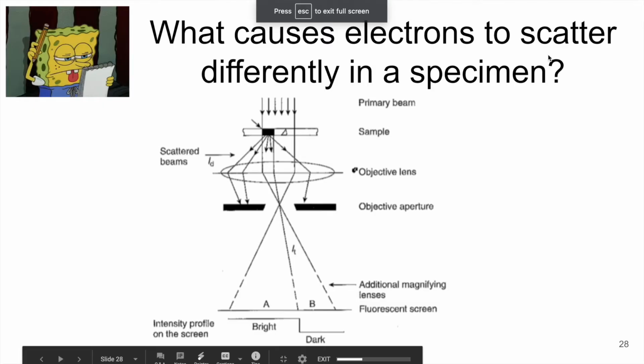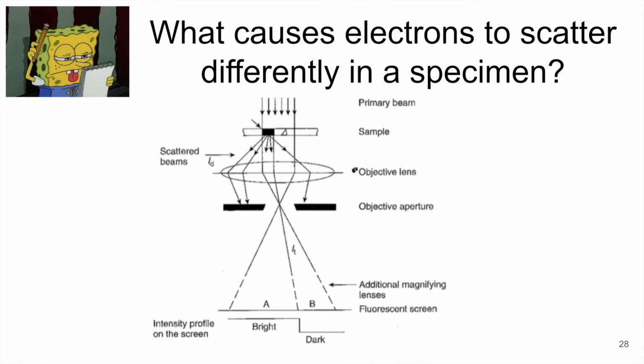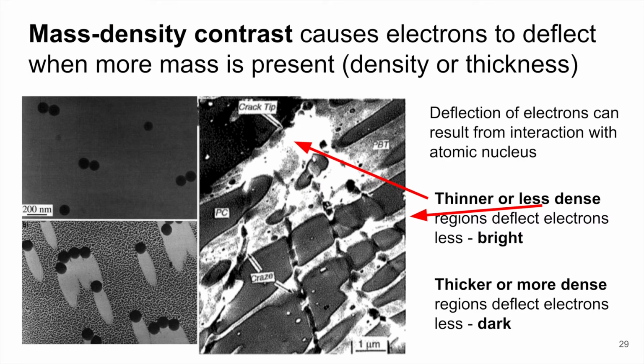All right, now that you've had a chance to come up with some ideas of how electrons scatter differently in a specimen, let's go through some of those options. The first one I want to talk about is what we call mass density contrast. This is the mechanism in which the electrons are deflected when there is more mass present.